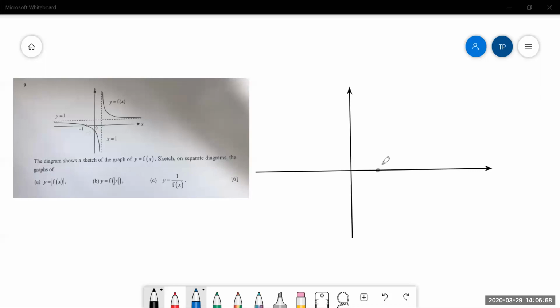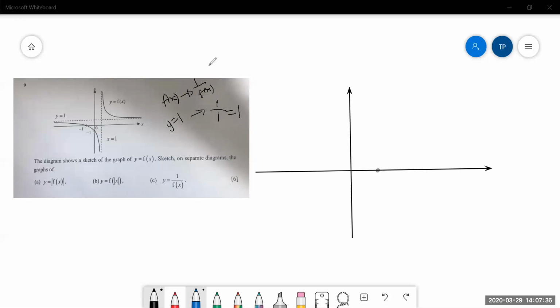It's just a guideline to tell me that I'm going to cut through the x-axis. Then for the horizontal asymptote, which is y equals 1, it will still be y equals 1 after transformation, because we are converting from f(x) to 1 over f(x). So if y equals 1, it becomes 1 over 1, which is still equal to 1.